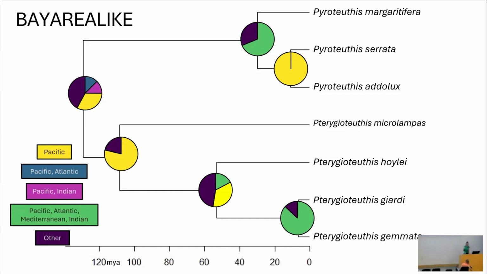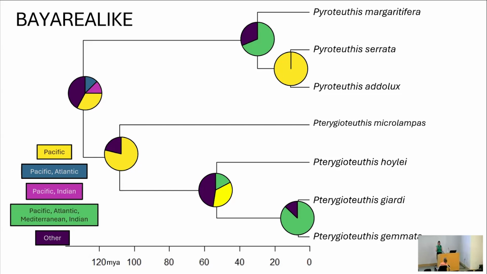There are 2 independent dispersals out of the Pacific, one happening somewhere between 130 million years ago and 50 million years ago, right here when Pyroteuthis margaritiferus splits off, and then one happening somewhere around 50 and 6 million years ago.